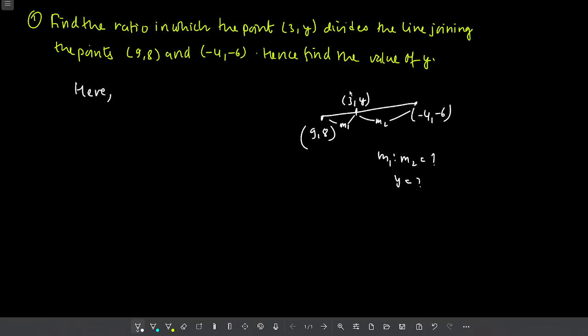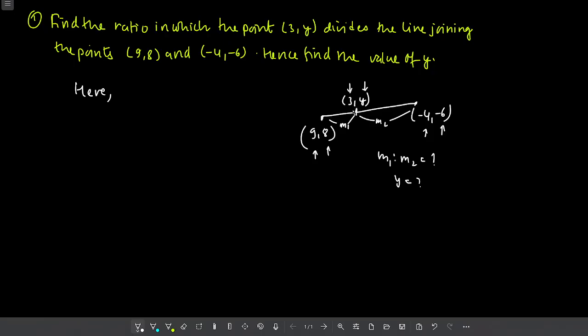We have already discussed that 3 comma y is dividing this line in the ratio of m1 is to m2, so this is x and this one is y. This is x1 y1 and these are x2 y2. The x component is known and the y component is unknown.